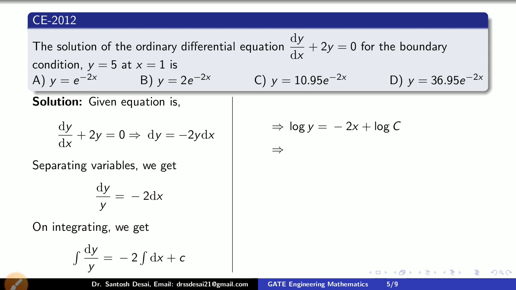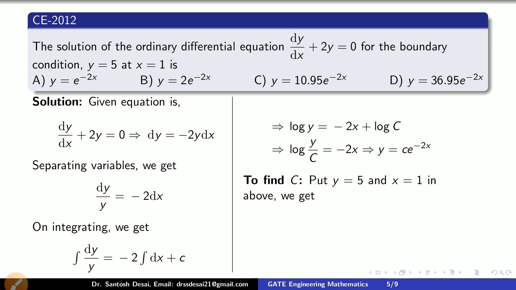Now simplifying this, we get log y divided by c is equal to minus 2x, and this implies y is equal to c into e raised to minus 2x. So the solution is y is equal to c into e raised to minus 2x. But here none of the options contains c, and therefore you have to find out the value of c.